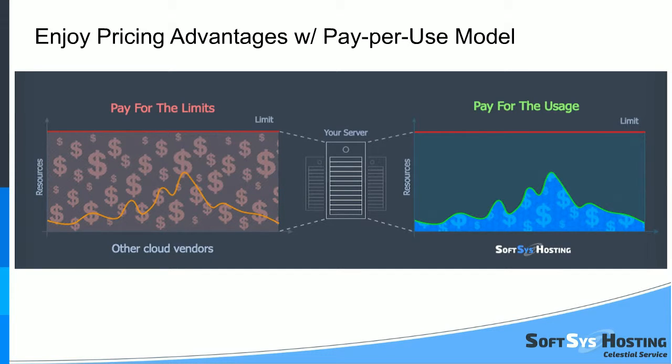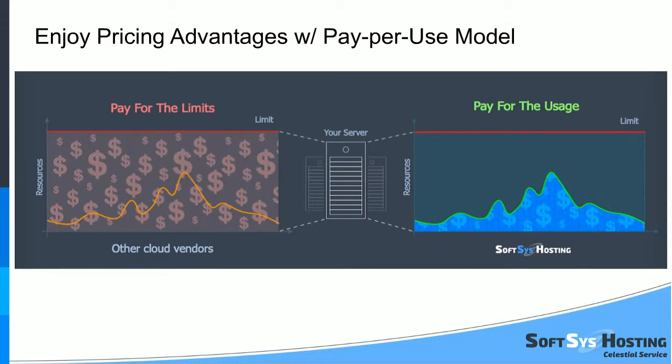Now, all of this vertical and horizontal scaling also helps you in enjoying pricing advantages. Here's a comparison graph on how other cloud vendors are doing and how you can save with the pay-per-use model. Typically you pay for the limits assigned to your server with other cloud vendors.